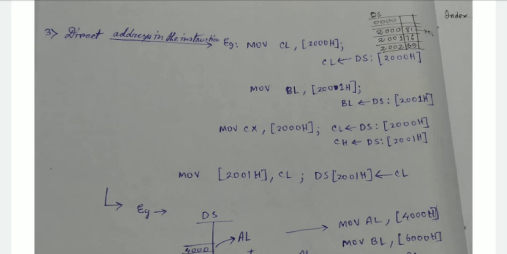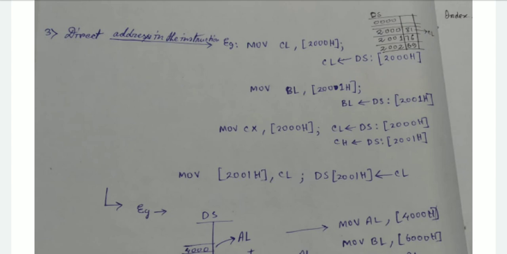Anything in square brackets acts as an address in the assembly language of the microprocessor. You can see that in the example, MOV CL, [2000 hex]. Pay your attention here, my friends. Anything in square brackets acts as an address.